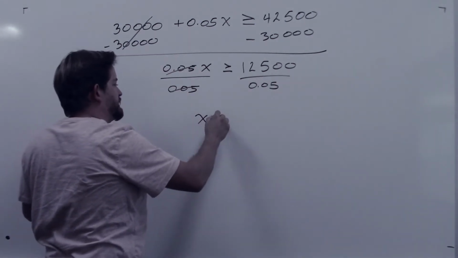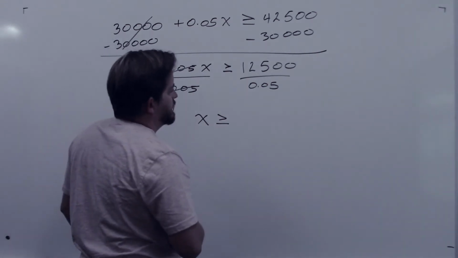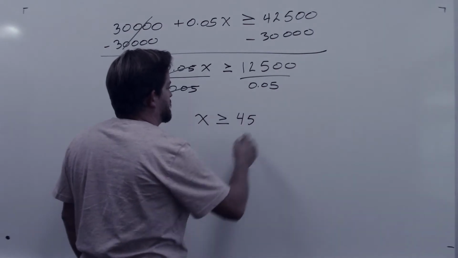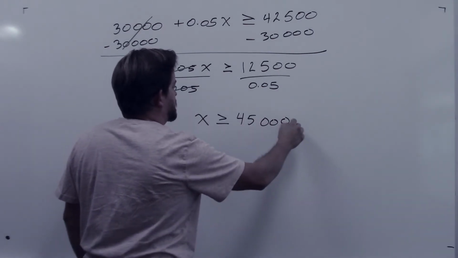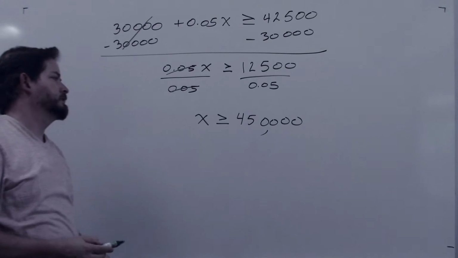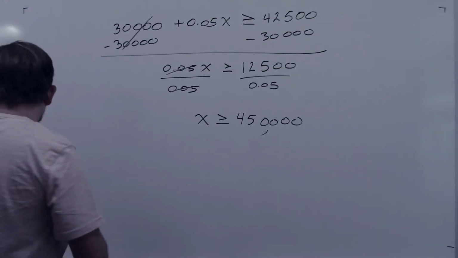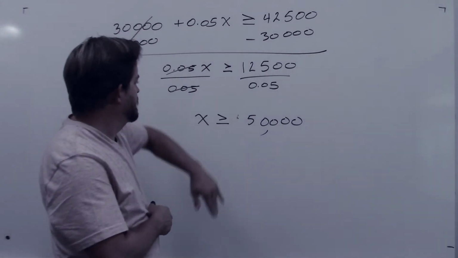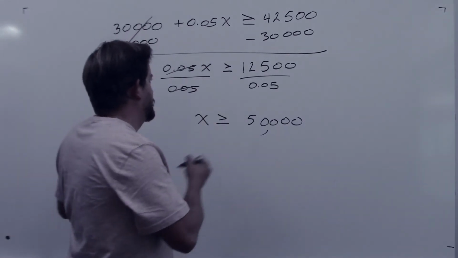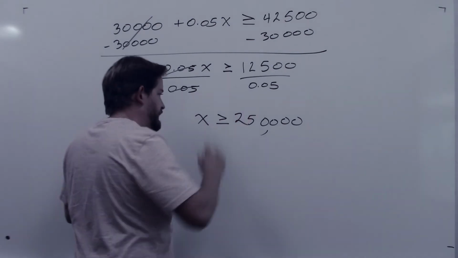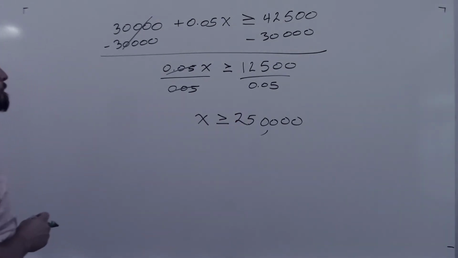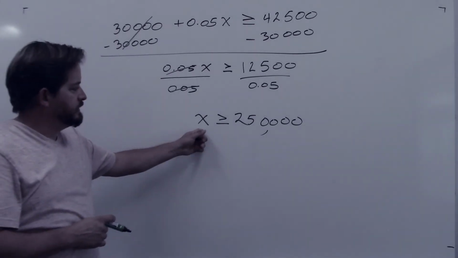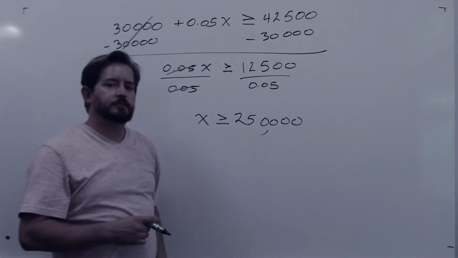This gives me x is greater than or equal to, I want to say that, 450,000. That is not true, I went too far. That's 250,000. Yep. And so X represents his sales. His sales should be greater than or equal to $250,000.